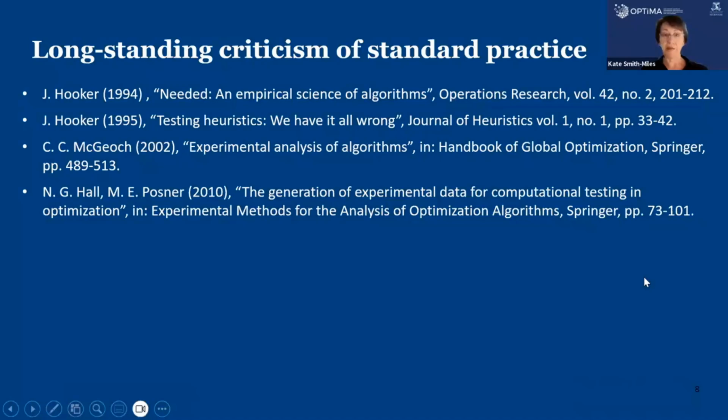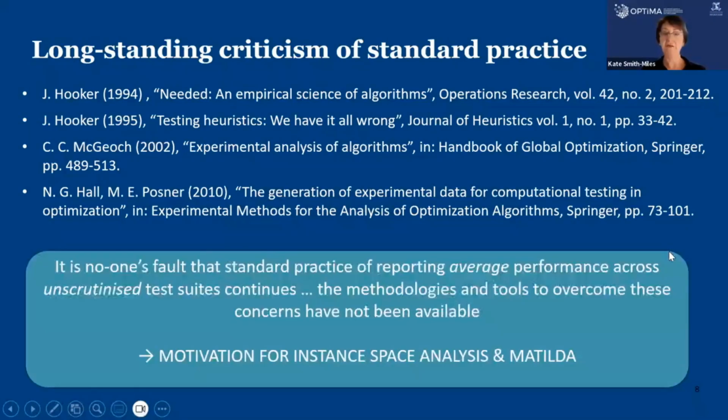Of course, it's not just John Hooker that's been criticising standard practice. There's been others. And really, it's no one's fault that this standard practice still continues to this day, this reporting of average performance across some unscrutinised test suites. Right now, there are papers being accepted that have this standard methodology.